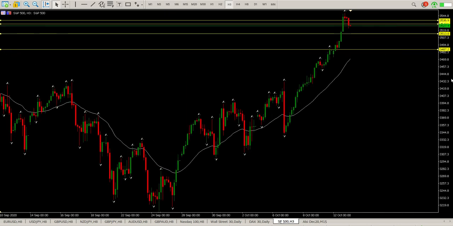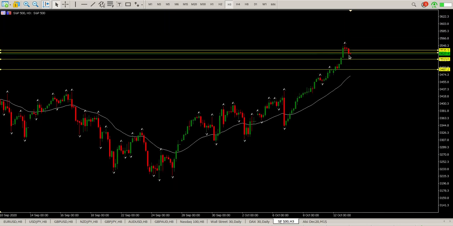Now if we come across, you can see the first two have been tested already, but the next two have not really been tested. We are parabolic, so in other words, the trend has gone up and then it's just rounded up like that. You can see how the moving average is starting to point straight up. So what we're looking for is a pullback onto structure.